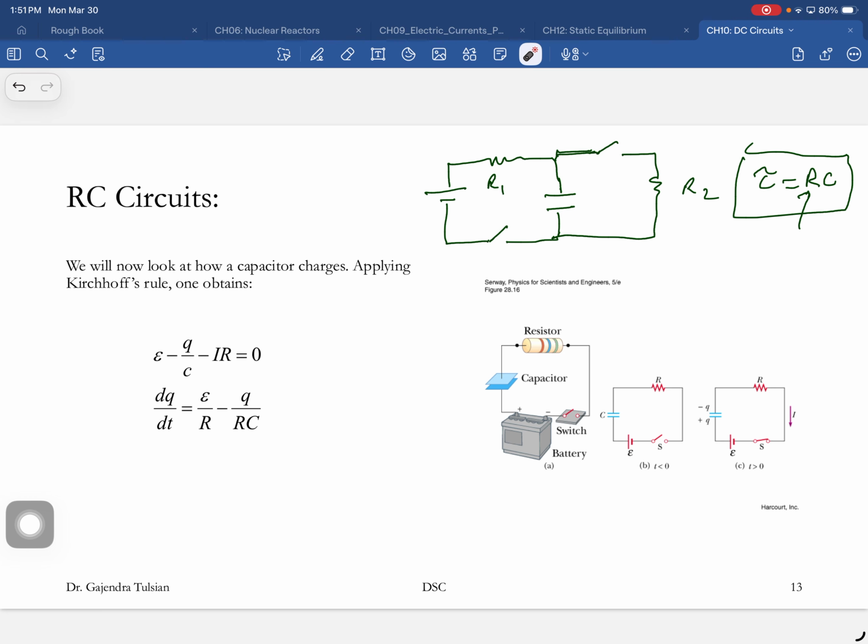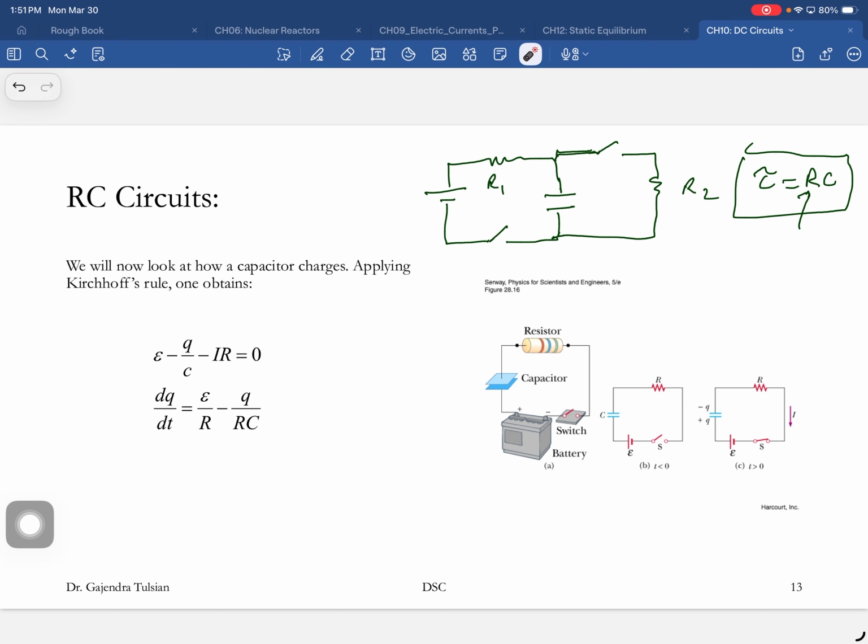We want to know how the charge builds up, what Q(t) is as a function of time. How are Q and I related? The current in the circuit is equal to dQ/dt, the rate at which the charge is building up.